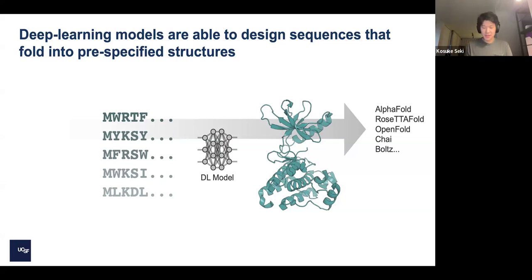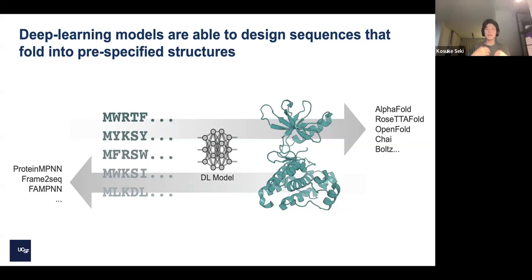So we were talking about how the sequence landscape is very sparse, and in one direction, going from sequence to structure, are things like AlphaFold. But what's also really exciting is that we can now take a protein structure and go in the reverse direction. These are models you might have heard of, the most prominent being ProteinMPNN, which came out of the Baker lab. You can give these models a structure of a protein kinase you might be interested in, and it can propose sequences that can fold into that kinase structure.